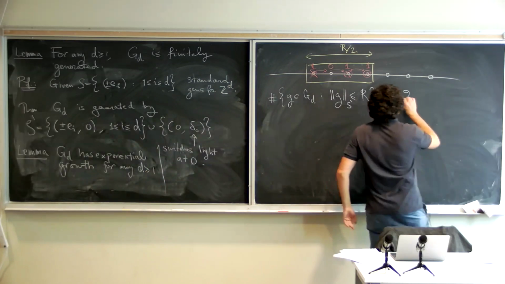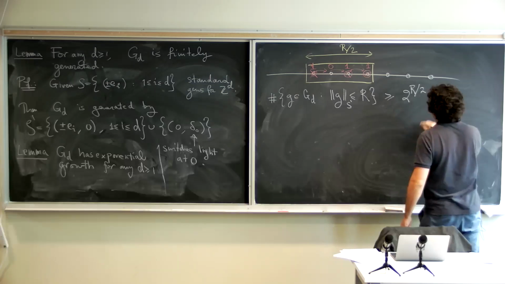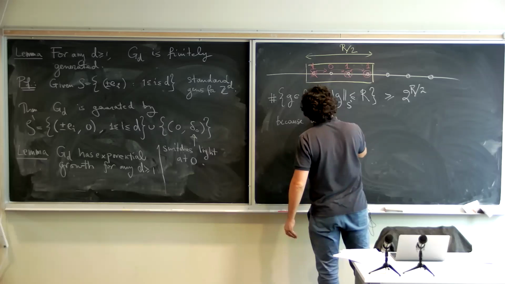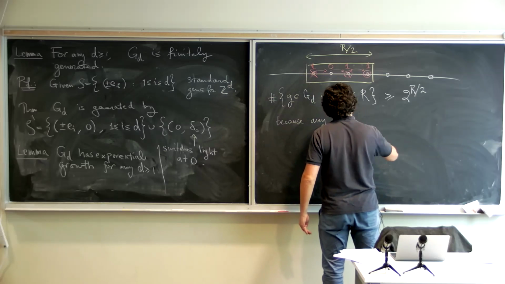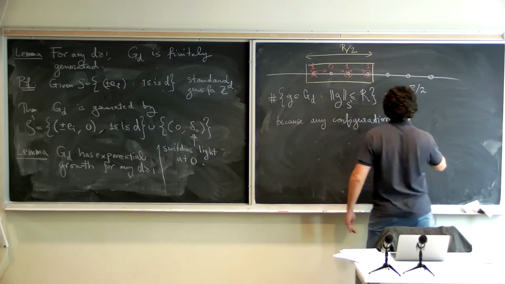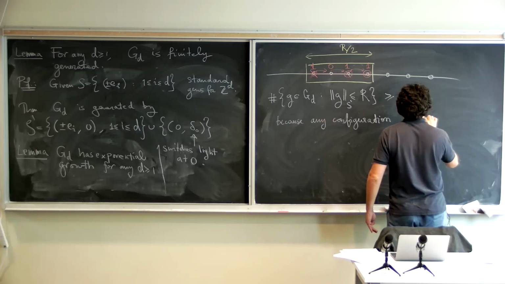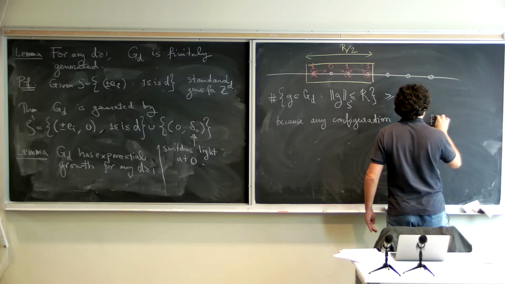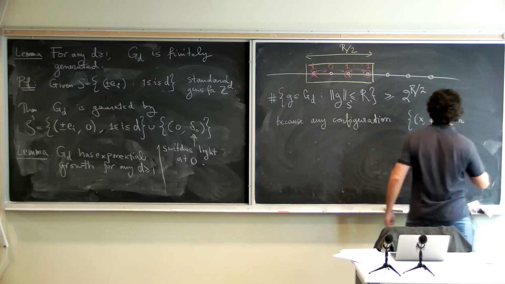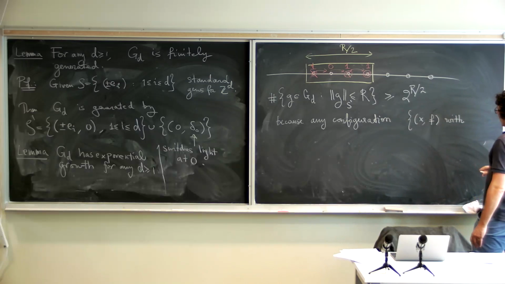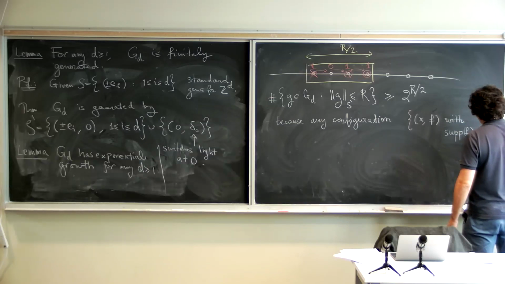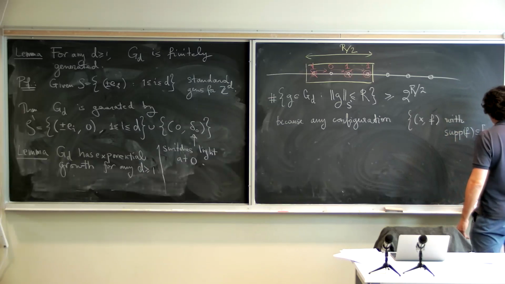So this is 2 to the R/2, because any configuration (X, F) with the support of F contained in 0 to R/2.